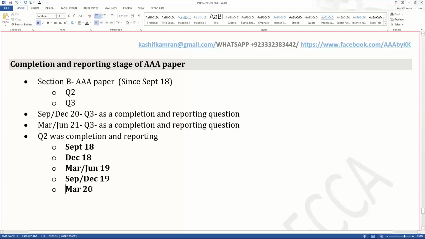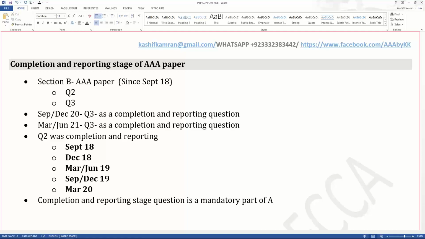Now, irrespective of whether you get a completion and reporting question in 3 or 2, you have to understand that a completion and reporting stage question is a mandatory part of a 100 marks AAA paper.